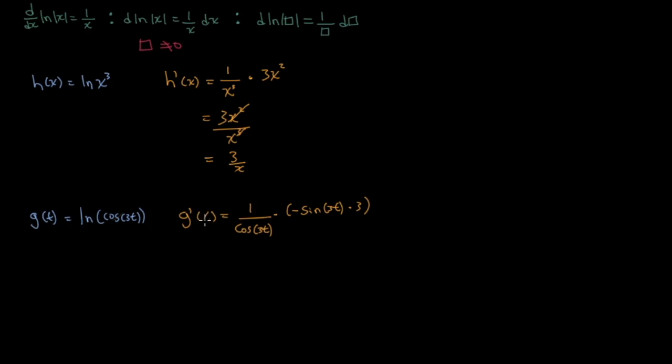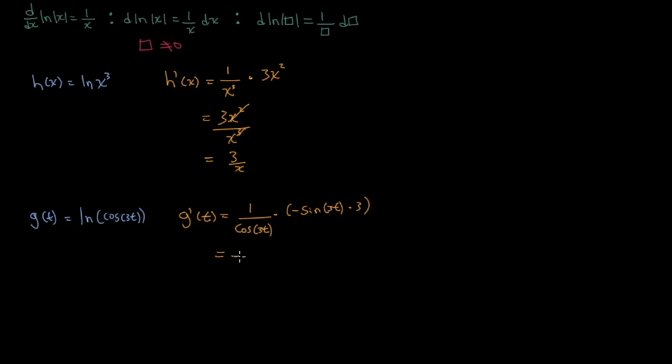Okay, so now we can go ahead and simplify this even further. Now remember, sine of something over cos of something is just equal to tan. So sine over cos is equal to tan. We've got our negative and we've got a 3.